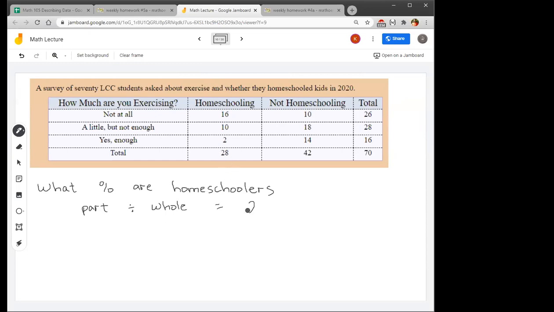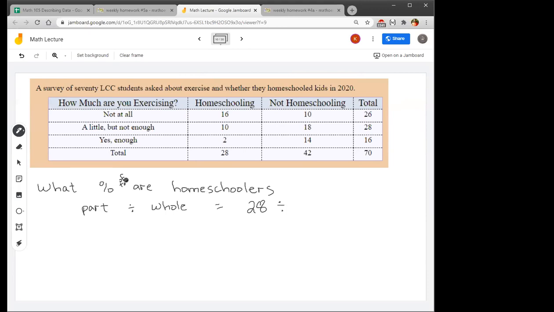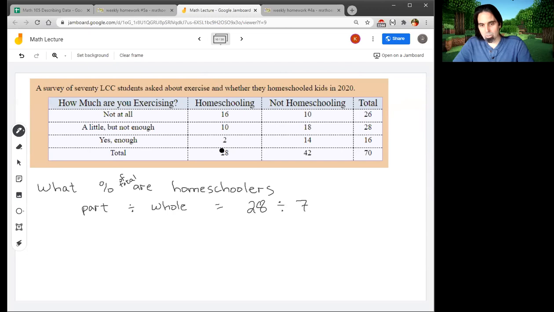And the part would be the 16, the 10, and the 2. That's a different question. What percent of the total people? Oh, okay. So it would be 70 then. Yeah, so the part is the 28 homeschoolers. And the total people that took the survey was 70. So we get 0.4, about 40.